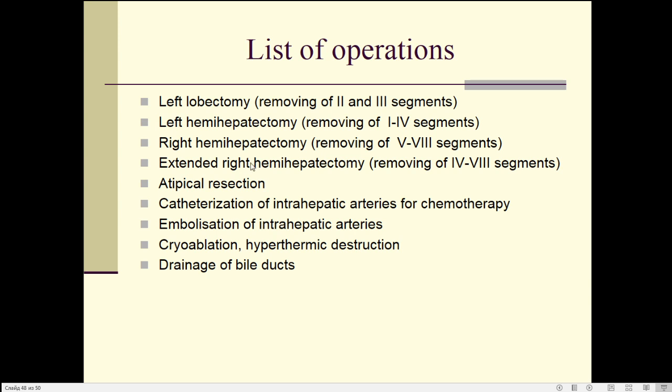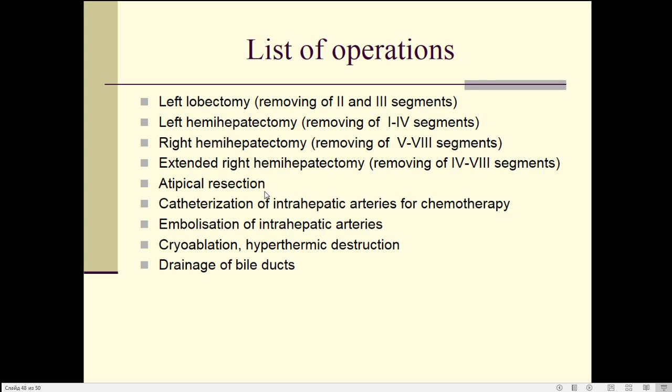Right hemihepatectomy, removing segments 5 to 8, depending on localization of the tumor, in the right lobe. Extended right hemihepatectomy, removing segments 4 to 8.